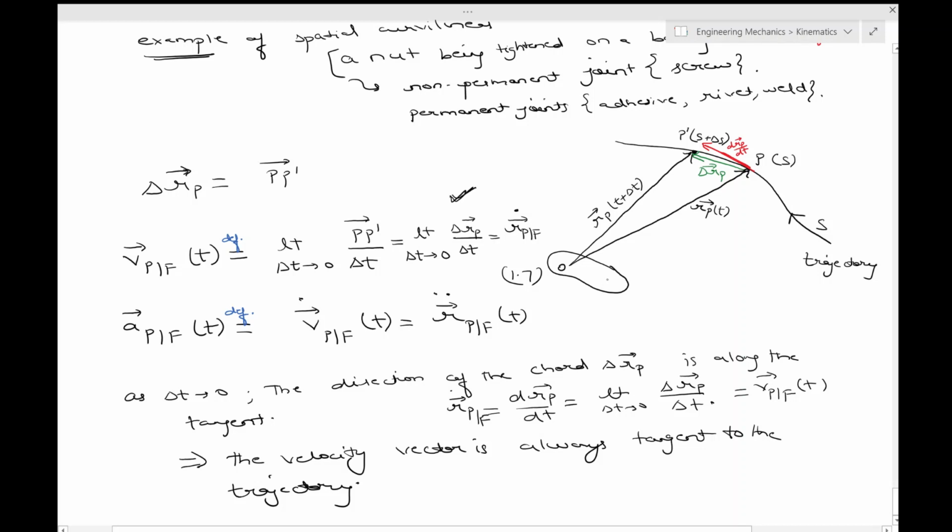Let's take another point O dash, and now this will be r_P dash at t, and then this will be r_P dash at t plus delta t.